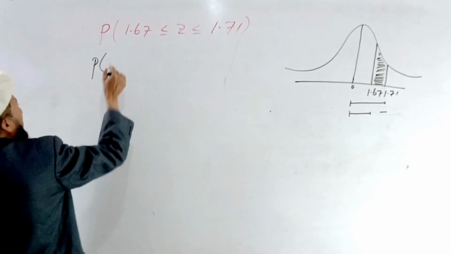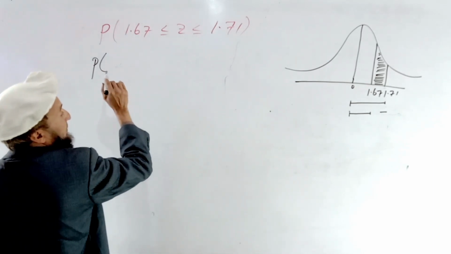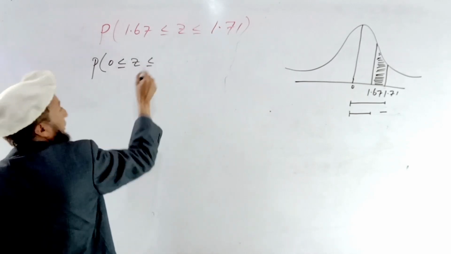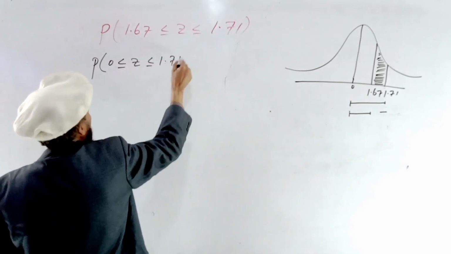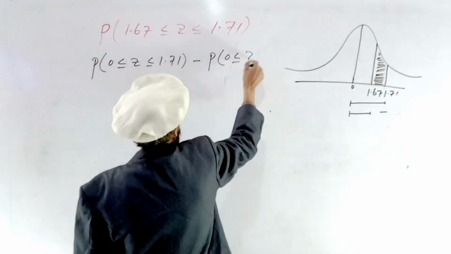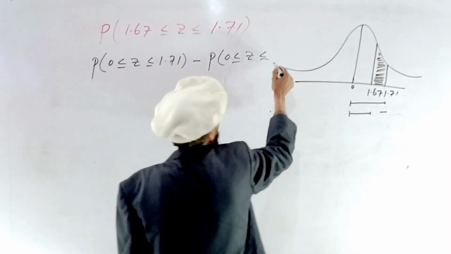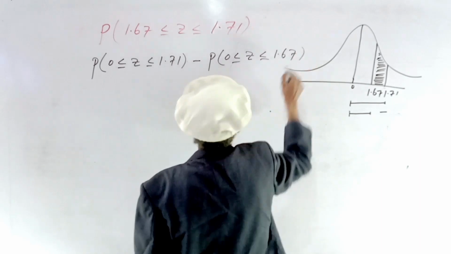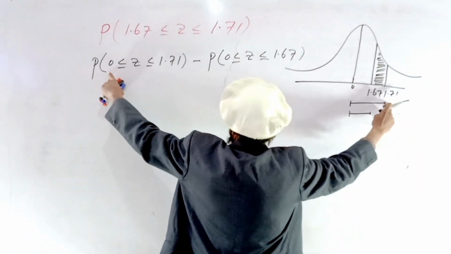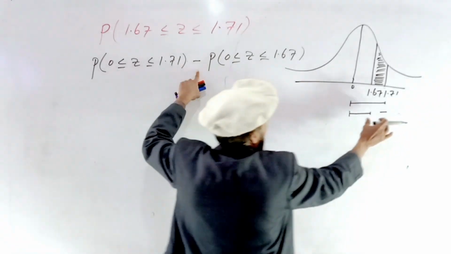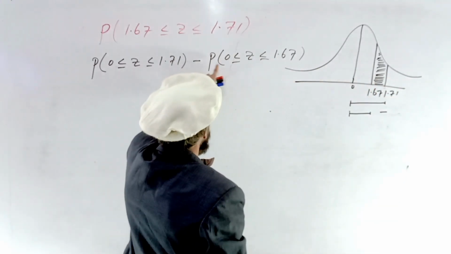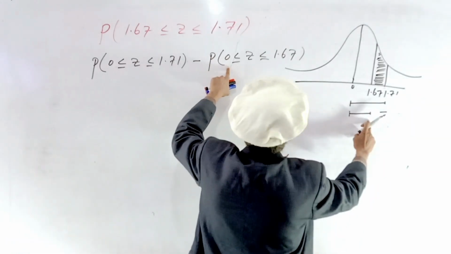We can write: probability of 0 less than or equal to Z less than or equal to 1.71 minus probability of 0 less than or equal to Z less than or equal to 1.67. The first value is 0 to 1.71, and we subtract this area, 0 up to 1.67.